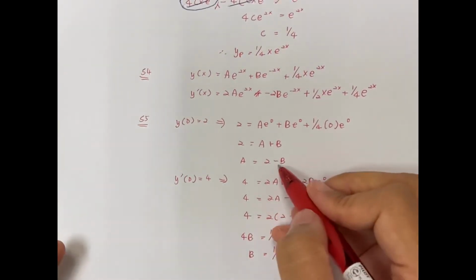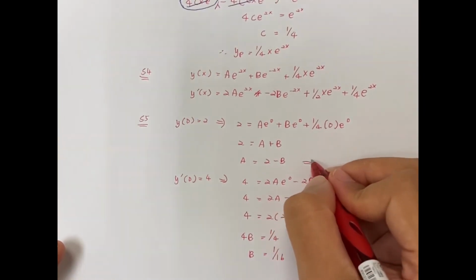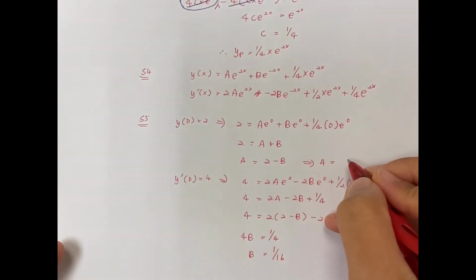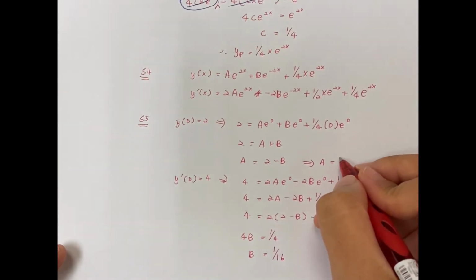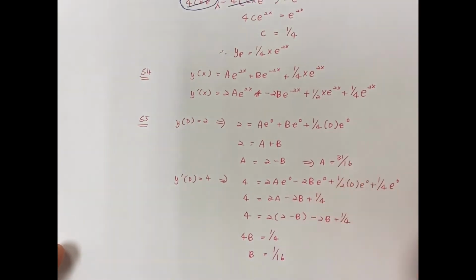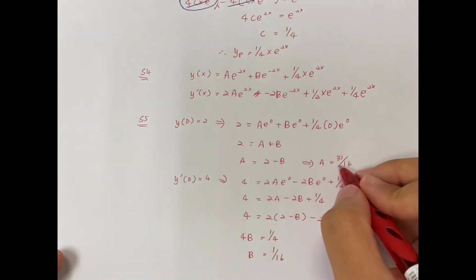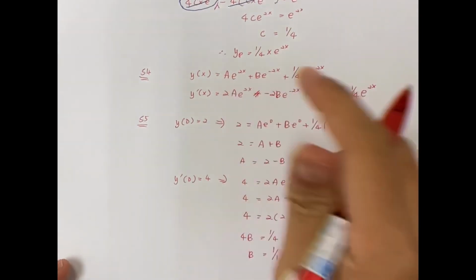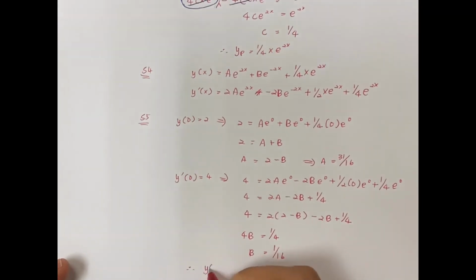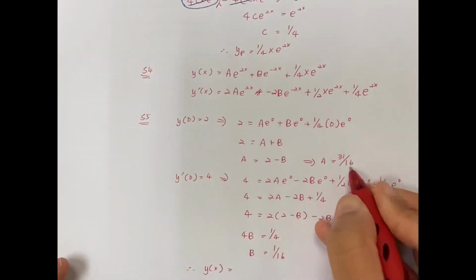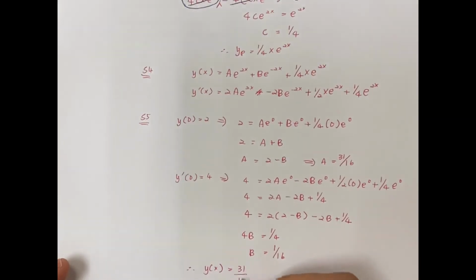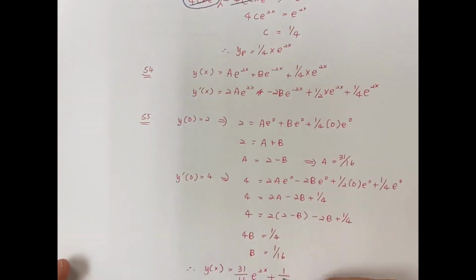Substitute B into A. So A, 2 minus 1 over 16, is equal to 31 over 16. Okay, you have your A and B, substitute into y(x). So y(x) is equal to 31 over 16 e^(2x) plus 1 over 16 e^(-2x) plus 1 over 4 x e^(2x).